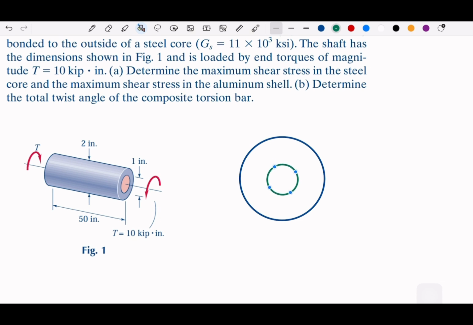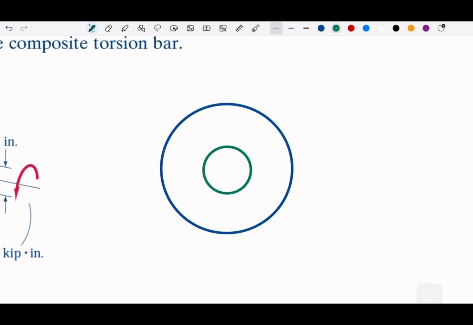Okay, suppose that this is the steel. So that's the center. This part here, perhaps I will make it a little bit higher. This is for steel, this is the distribution. So suppose that this is the tau steel max.